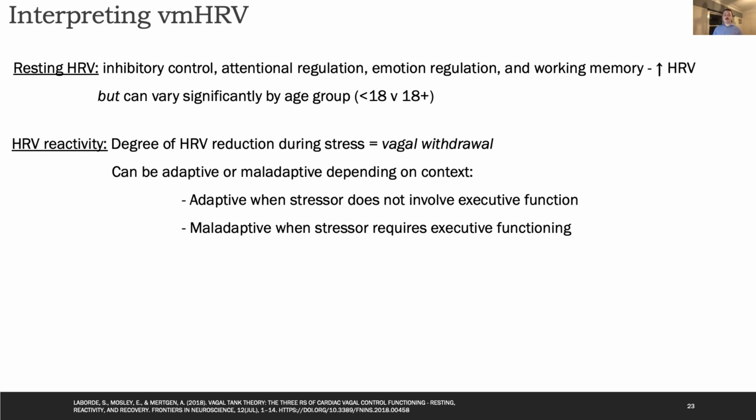It's kind of the difference between being stressed because you're going into an exam or being stressed because someone's broken into your house. We often find that people who have better emotion regulation will show the adaptive response depending on the context. So it's not as simple as big reaction is bad. It depends on the context.